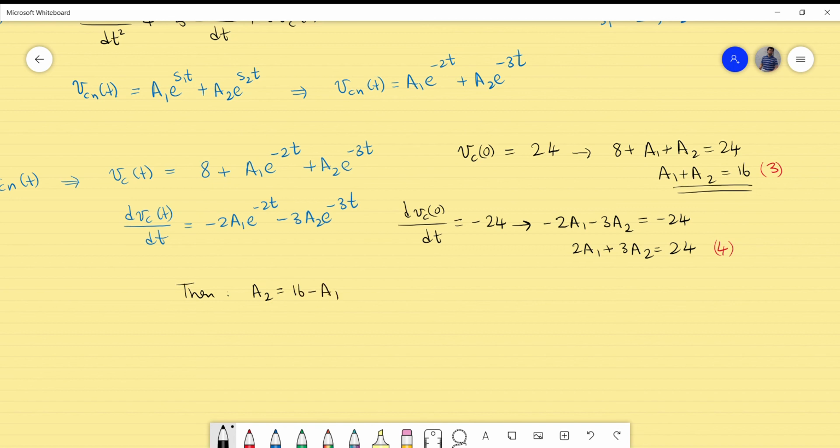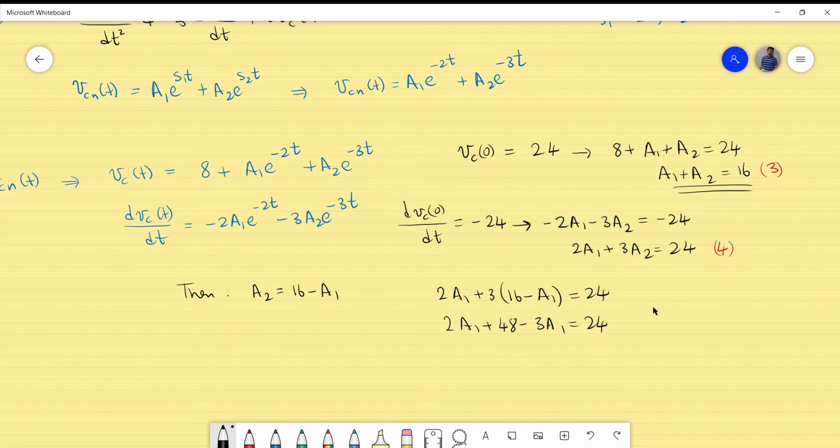That's from equation number 3, and I can substitute this in here, so I get only one unknown. So I will have 2 times a1 plus 3 times (16 minus a1) will be 24. Then 2 times a1 plus 48 minus 3 times a1 will be 24.